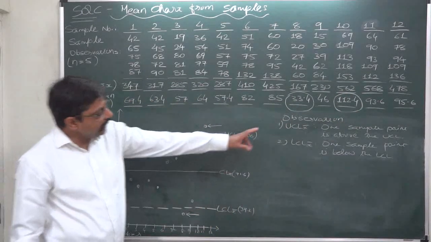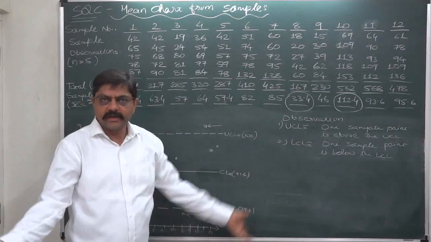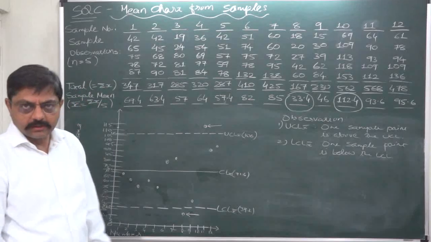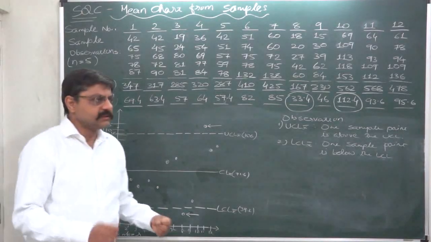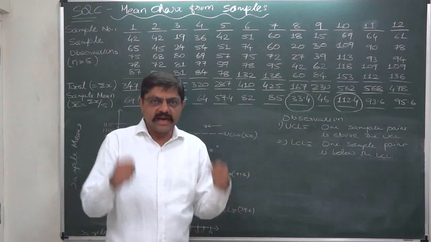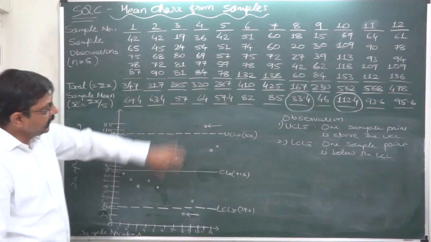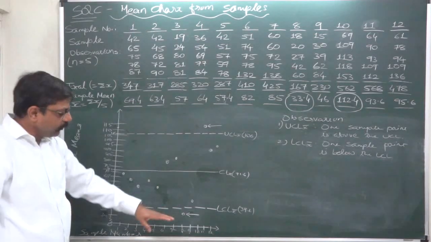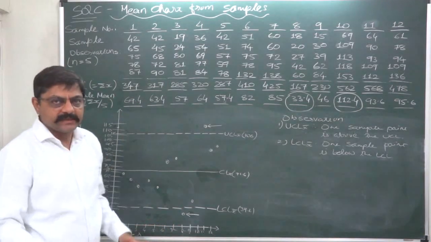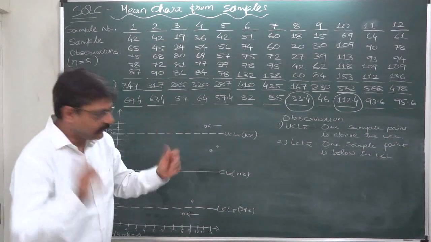Even if any one of these two happens, the conclusion remains the same. The process is not under control. But always observe the chart in all its references. How many points are above UCL, how many points are below LCL. Be specific and then only arrive at the conclusion.